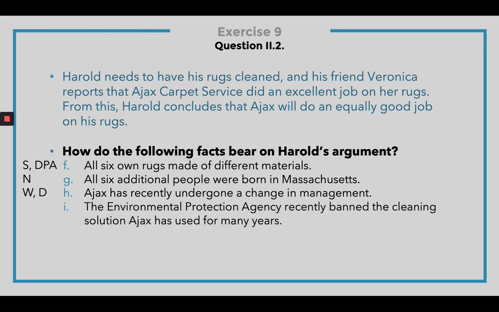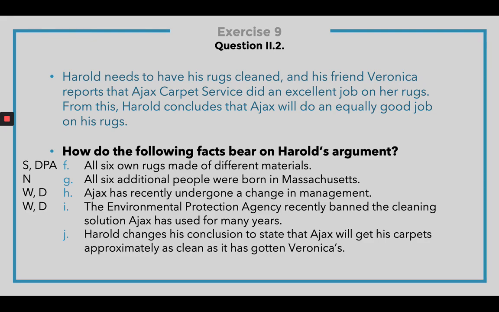Say we find out that the Environmental Protection Agency recently banned the cleaning solution that Ajax was using for many years. Again, this is going to weaken the argument. Again, it's a disanalogy. Now this example, I'll note, has a lot of disanalogies, but other cases won't have quite so many disanalogies. We also haven't gotten any questions that point to additional similarities, but that's something that you might get in other arguments.